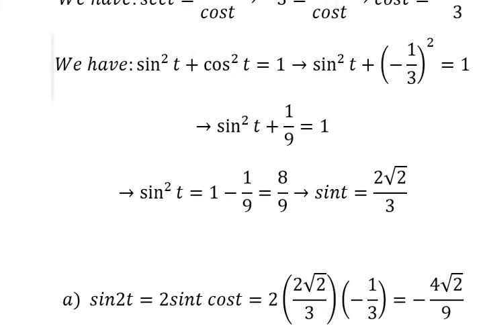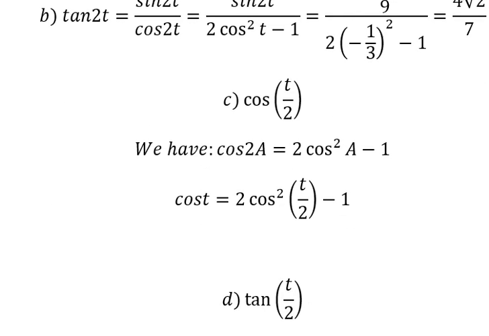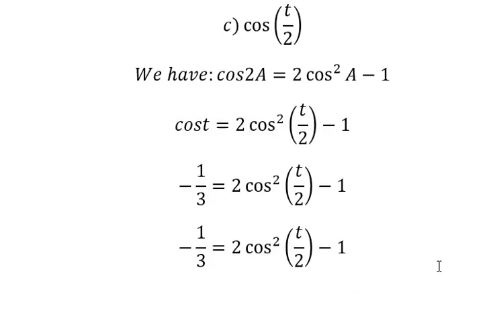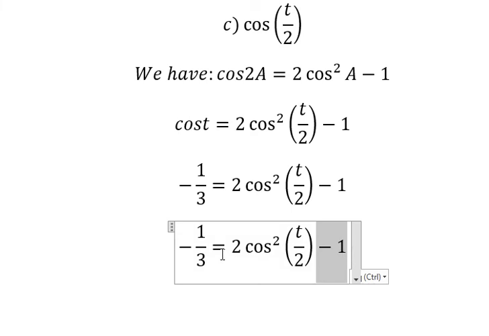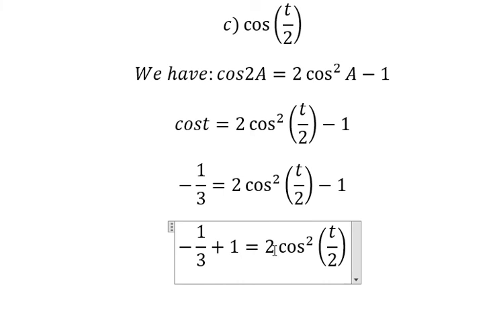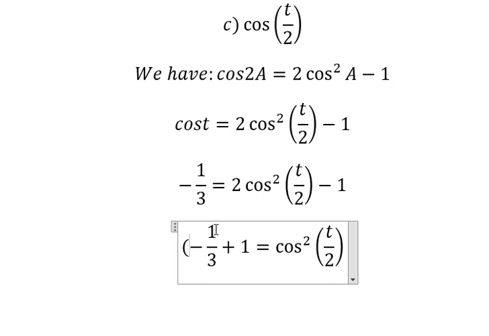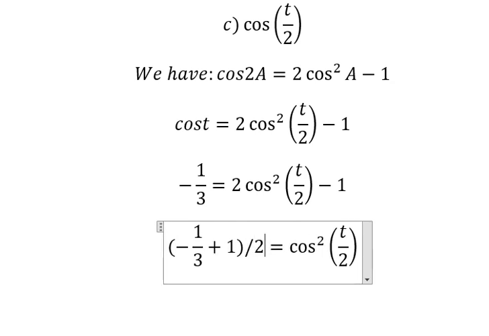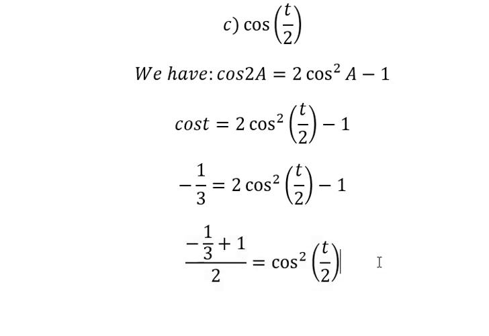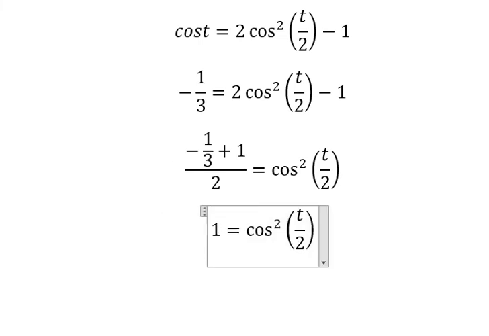And we have cosine t, that is negative 1 over 3. So I will put negative 1 to the left. And later we divide both sides by 2. So this one we have 1 over 3.